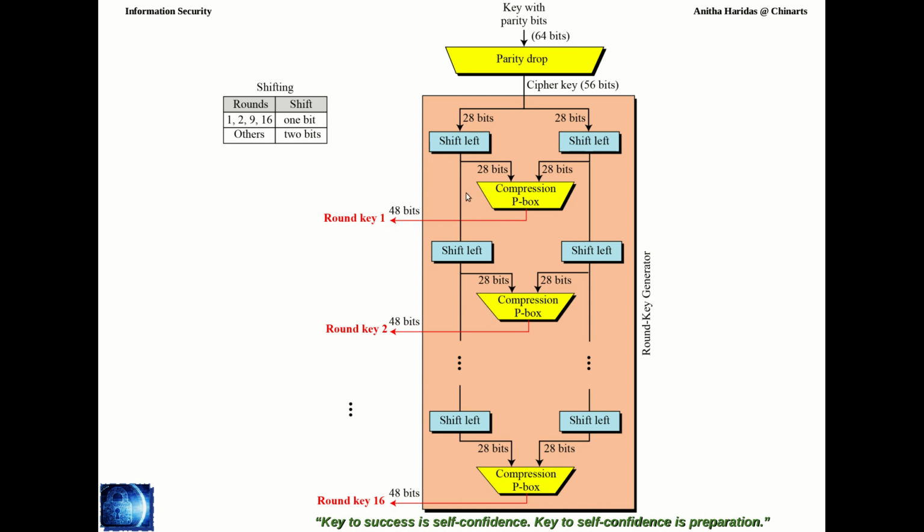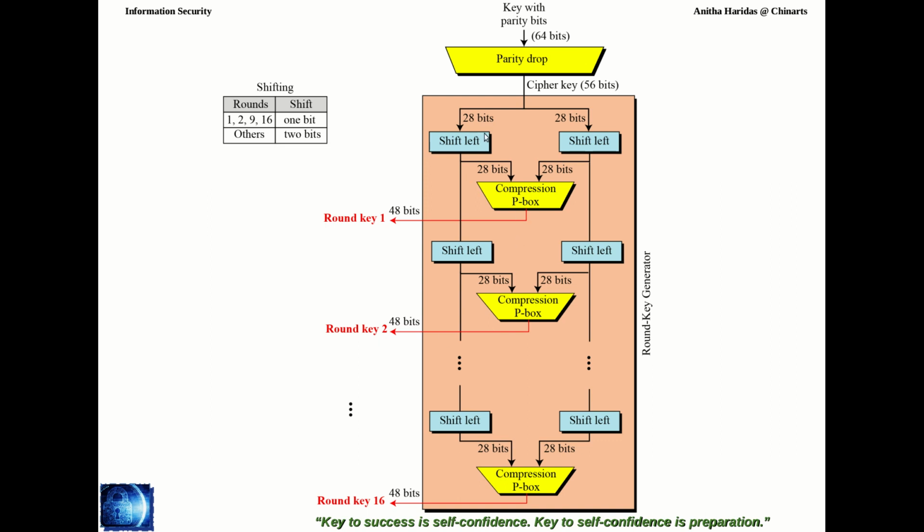The same way, these 28 bits will again be given to the next round for the shift left operation, and again these two 28 bits are combined together and given to the compression P box, which will produce the second round key, which is 48 bits in size. So 56 bits is given as the input, but it is producing 48 bits as the round key.